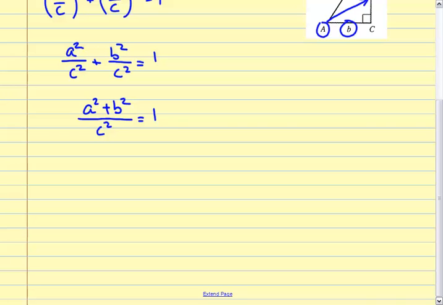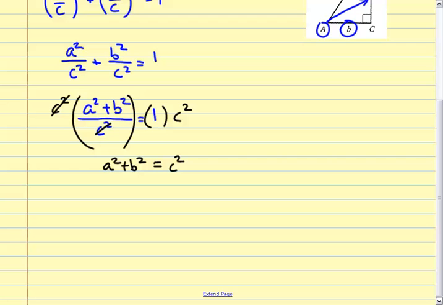Now I don't like working with fractions, so I'm going to multiply both sides by C squared. Do you see where this is going? That cancels with that, and it leaves me with A squared plus B squared, and on the other side I get C squared.